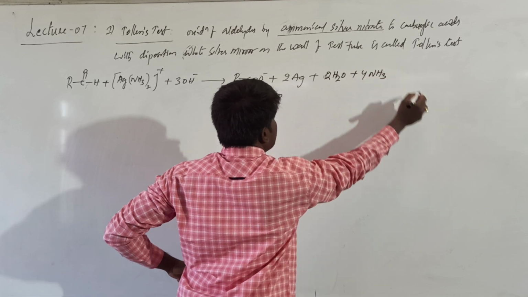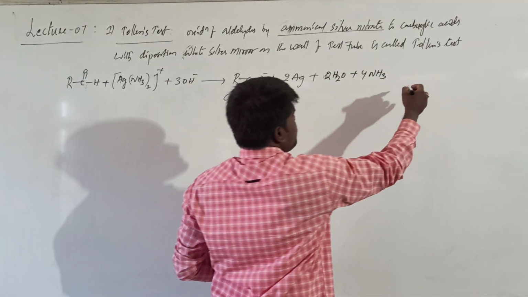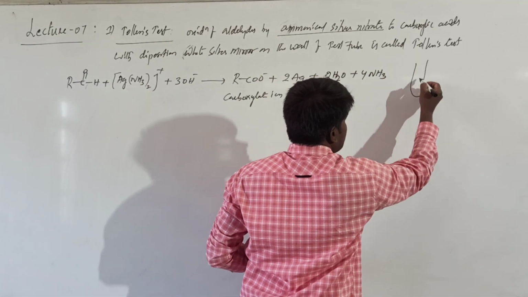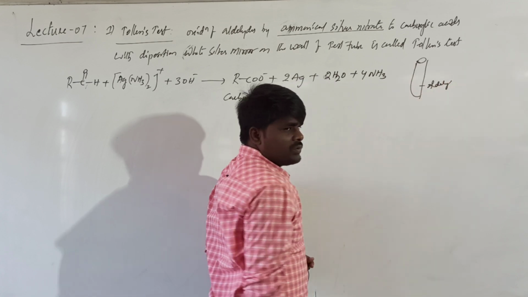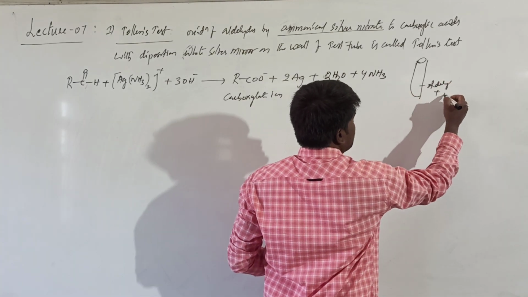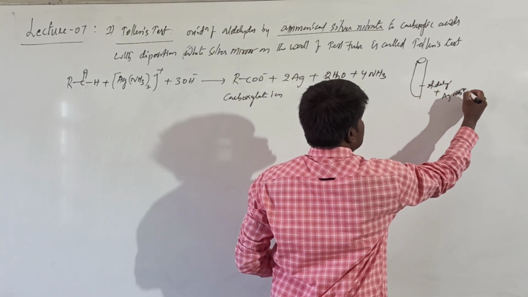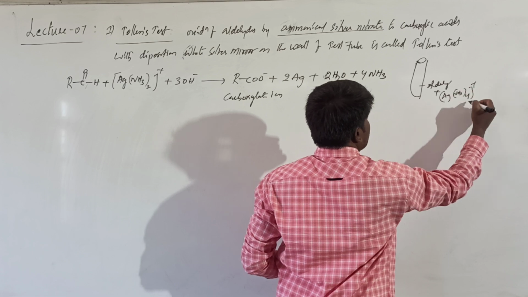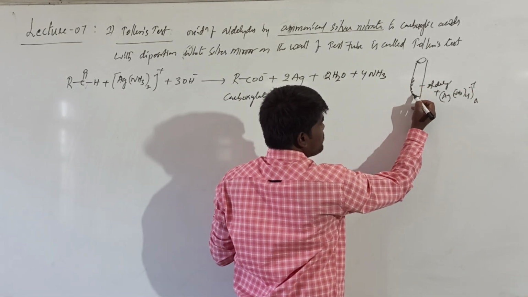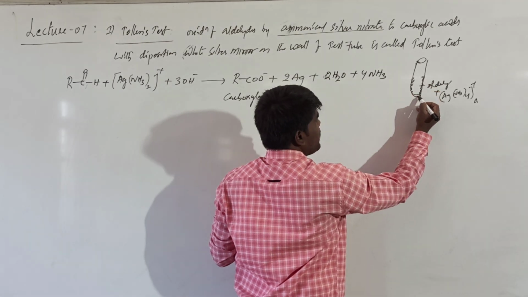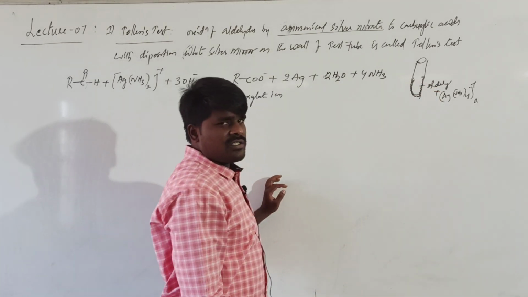Now, with this silver, what you have to do is take an aldehyde solution, add ammoniacal silver nitrate solution to it, and heat it. On heating, the silver gets deposited on the walls of the test tube, giving a white silver mirror, which indicates the test is positive.